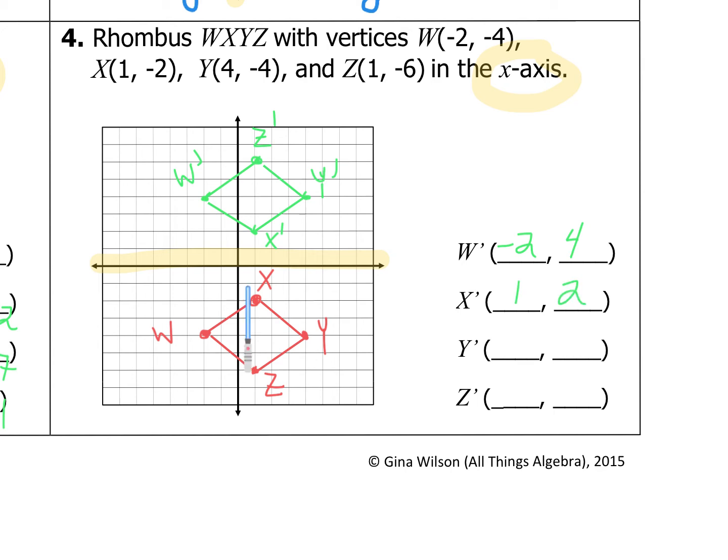And then for Y prime, we're going to go right 4 and then up 4. So that should be (4, 4) for Y prime. And then for Z prime, we're going to go right 1, up 6. So (1, 6).